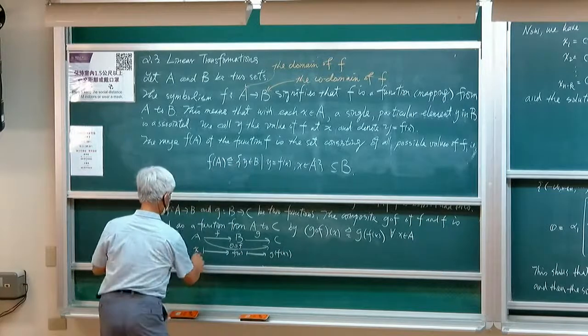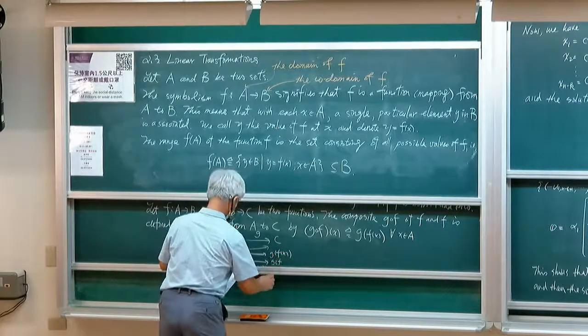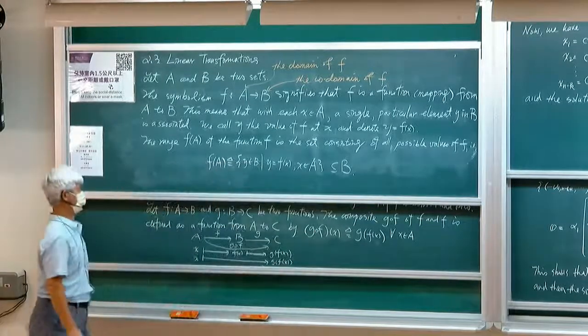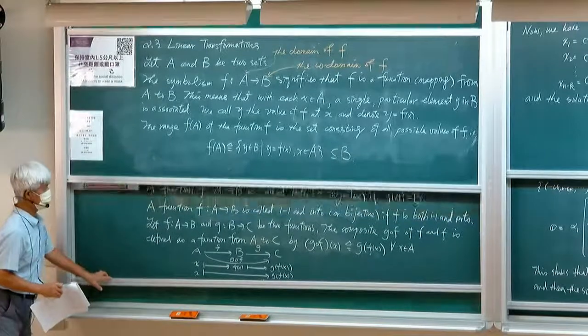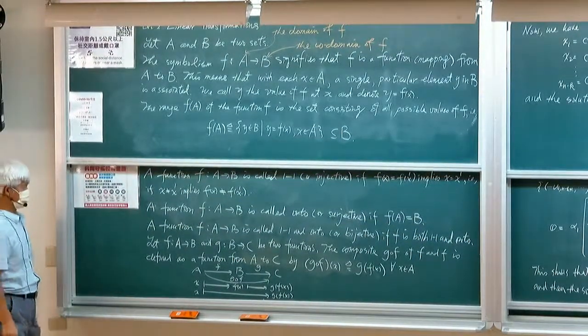So together x goes to g of f of x. That is about the composition of two functions.